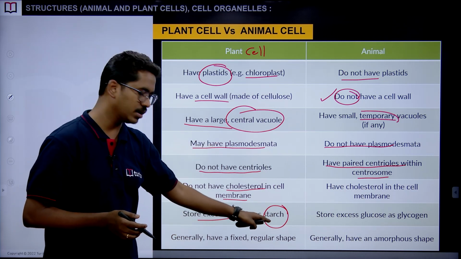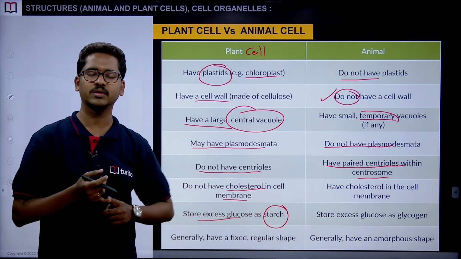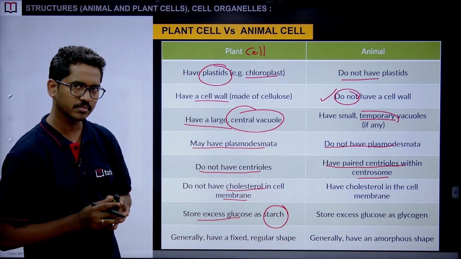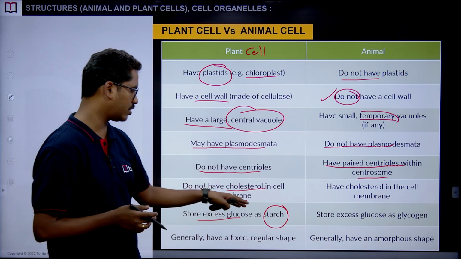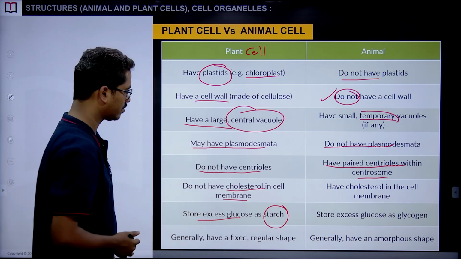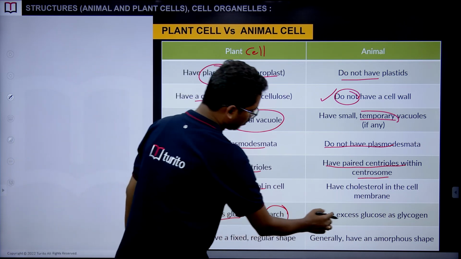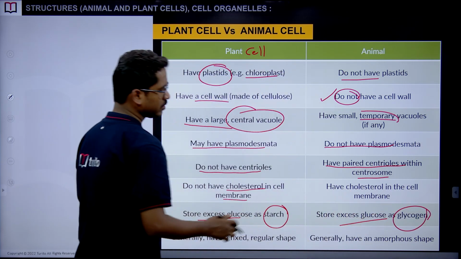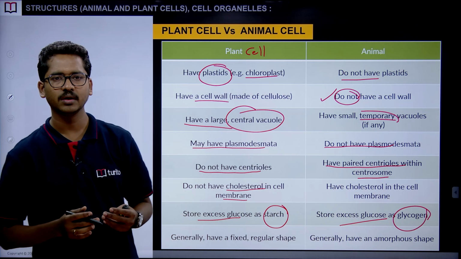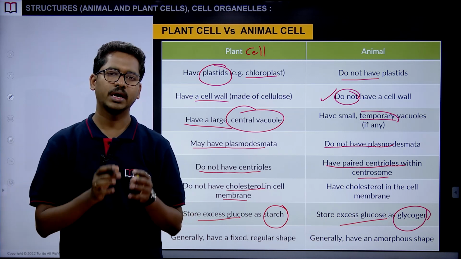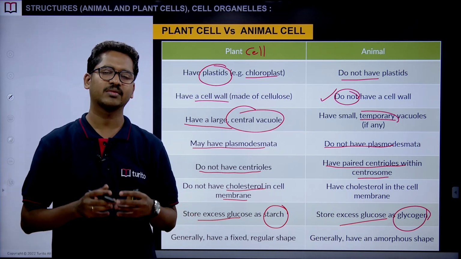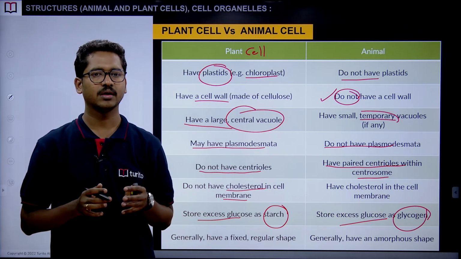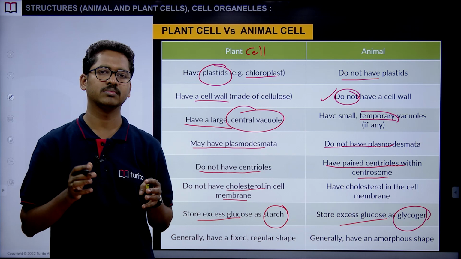Starch is what we find in rice grains, wheat, maize, corn, bajra, all of them. They are the reserved food material of plant cells. When it comes to animal cells, we store a whole lot of glycogen. In your body, in my body, in whichever animal you think of, excess glucose is stored in the form of glycogen. That is its reserved form of energy.